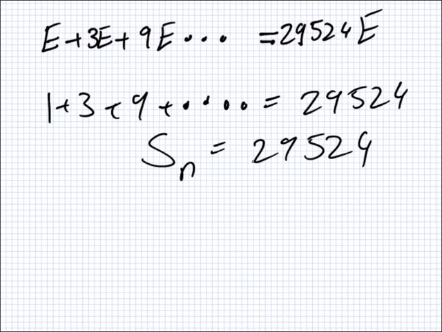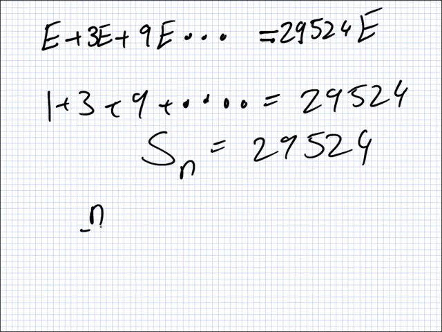Do you remember the formula for Sn? n over 2, 2a, what's a? a is 1, plus n minus 1 d. Oh, sorry, that's AP. This is GP, my fault.